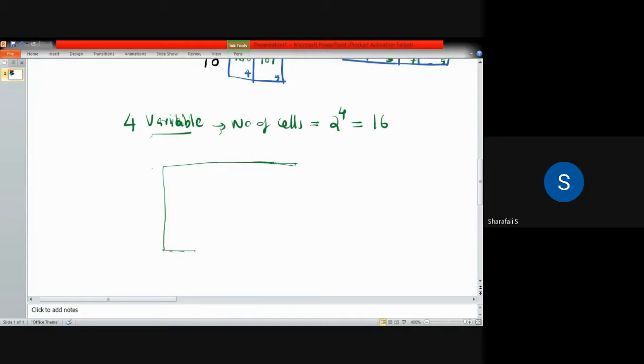Then we have, okay, we need 16 cells. So 4 into 4 will come, right? So this one is the first column.